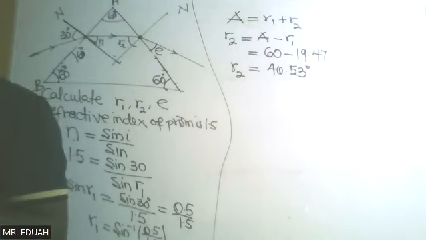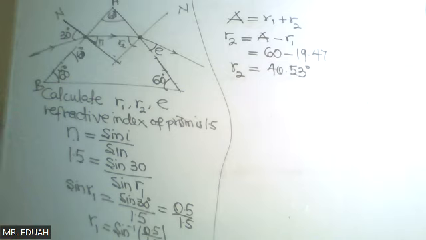Deborah, I hope you're also there. What other way? I'd like to think about it. Deborah, do you know it? Mr. Edia, please, I think you use co-interior angles because 60 is equal to that X form over there.